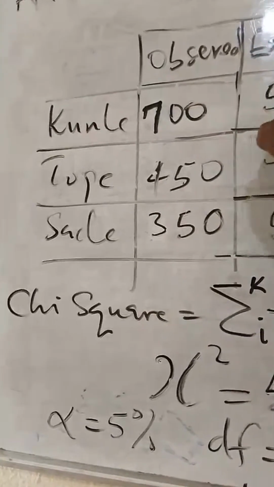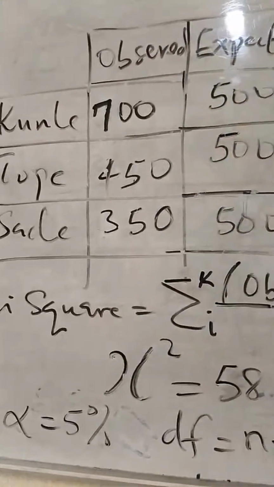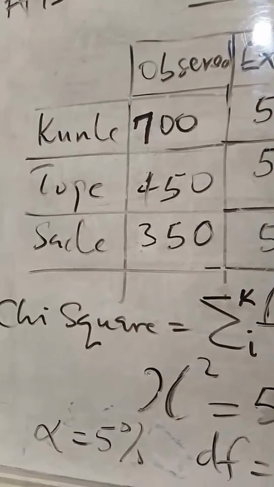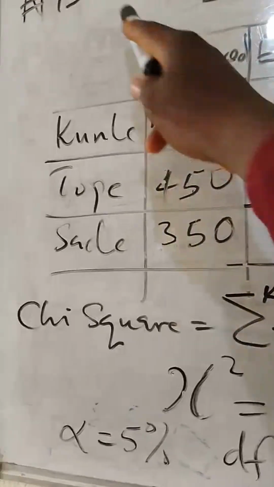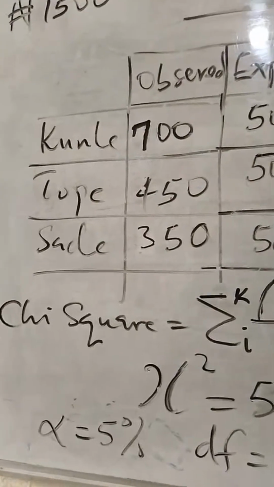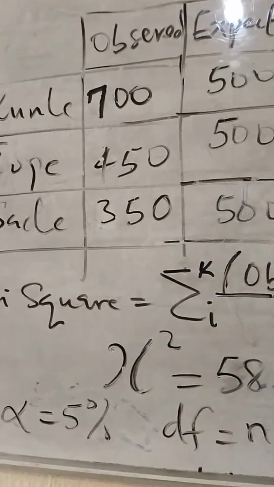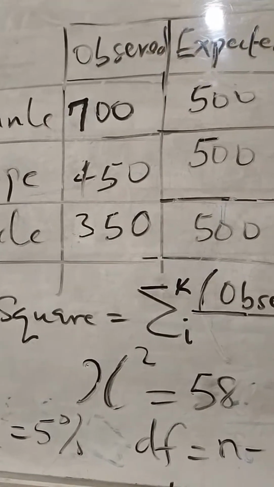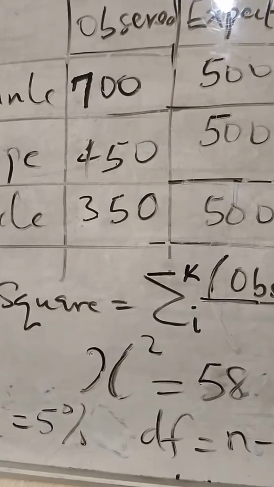You can write it there if you want to, but make the column a little larger. So you write total over 3, just write 1,500 divided by 3: 500, 500, 500. Somebody asked how do we get the expected? That is how to get it.